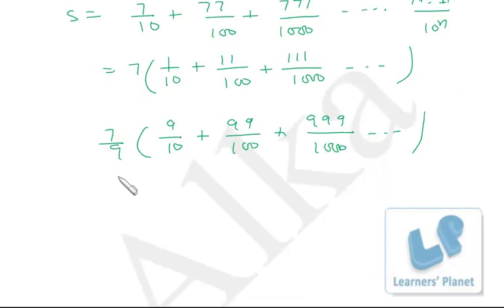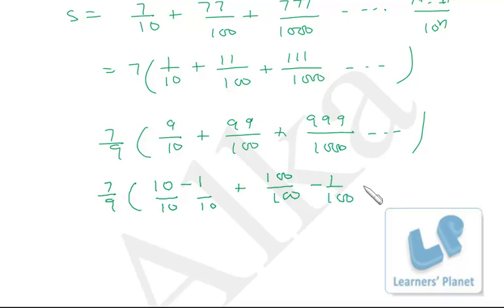Okay, now 9 can be written as 10 minus 1, and this is by 10. So 10 minus 1 by 10, plus 100 minus 1 by 100. Okay, similarly 1000 minus 1 upon 1000.